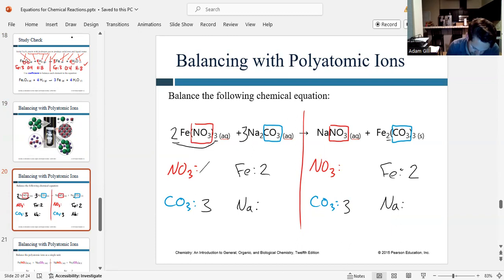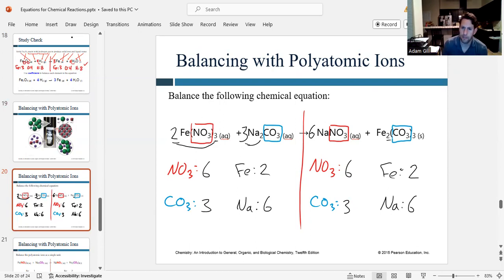So 2 times 3 is 6 nitrates. And sodium, I have 3 times 2. So I have 6 sodiums. So what I'm going to do is go back to the right side, and I'm going to stick a coefficient of 6 up there. That gives me my 6 sodiums, and that gives me my 6 nitrates.